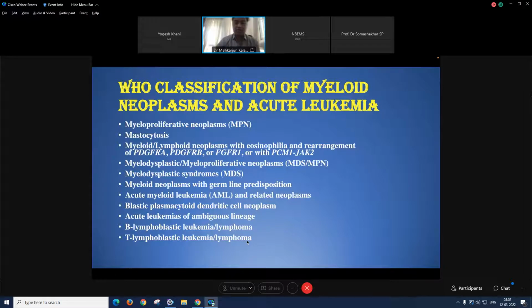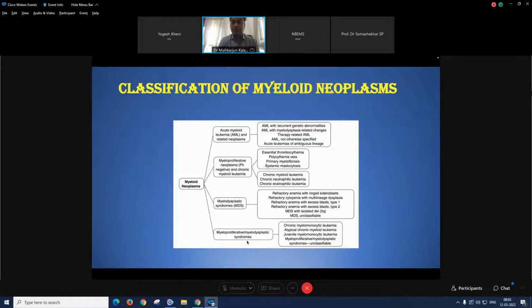And there are the ambiguous lineage leukemias, B lymphoblastic leukemia and T lymphoblastic leukemia, the common ones.